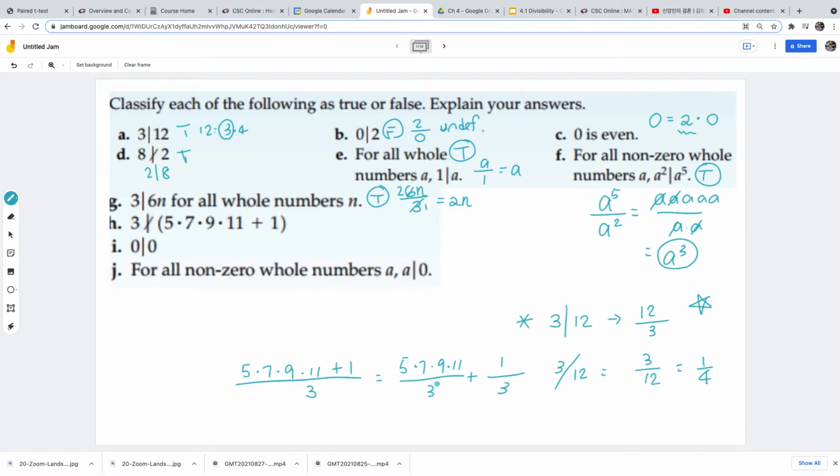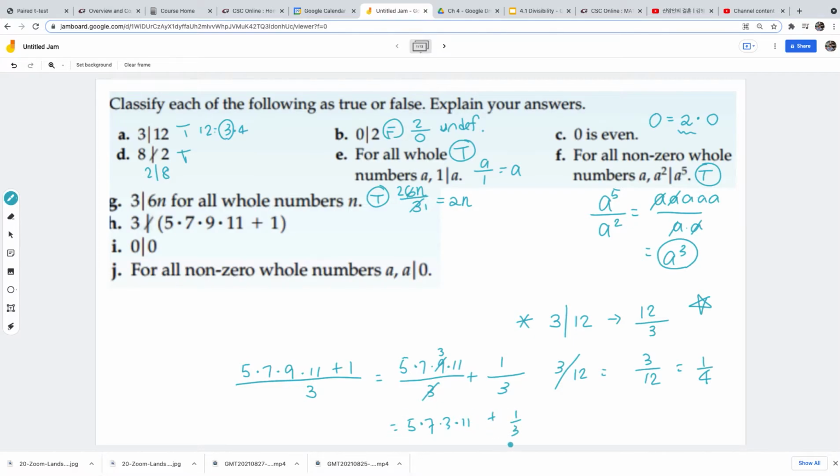But here I see that it is divisible by 3, because 9, one of the factors, is divisible by 3, right? So that's the same as 5 times 7 times 3 times 11, plus 1/3.